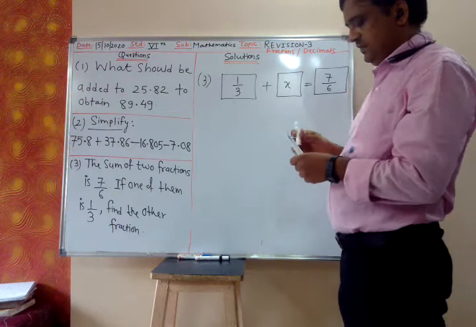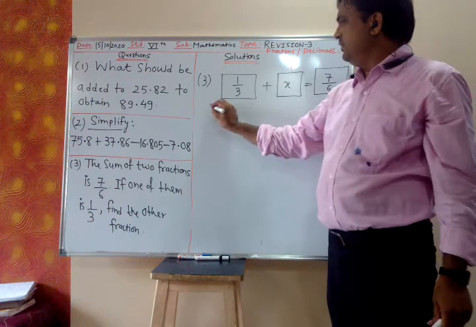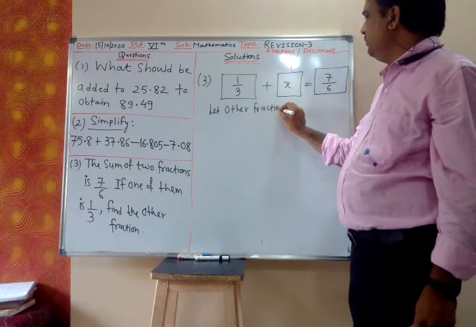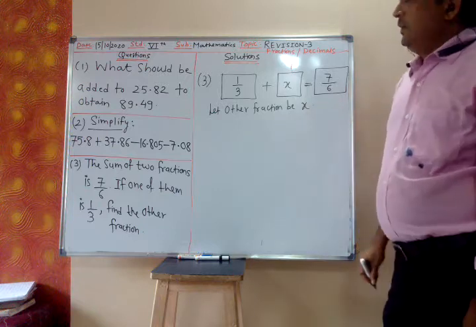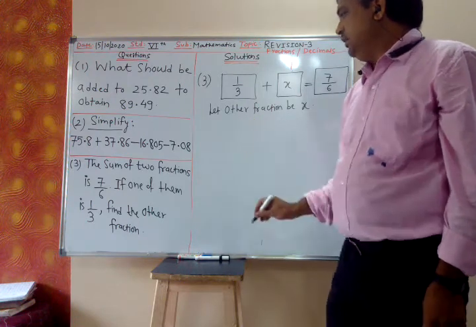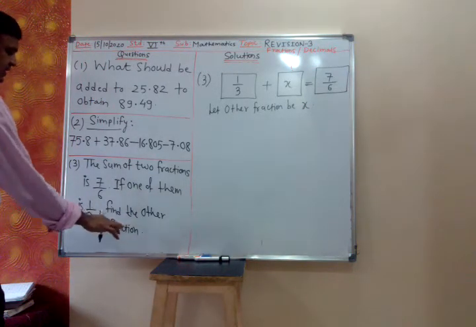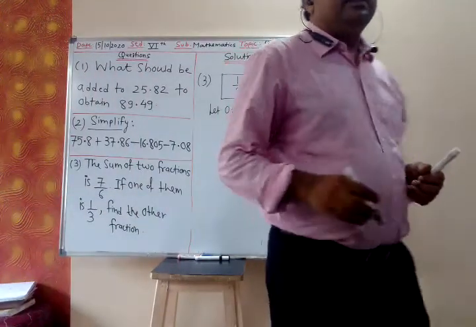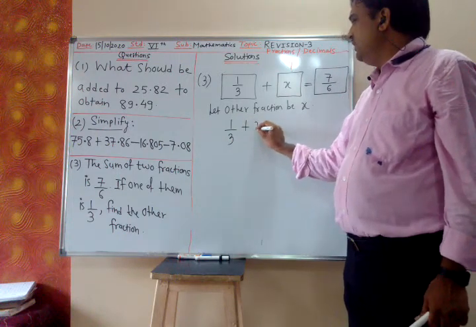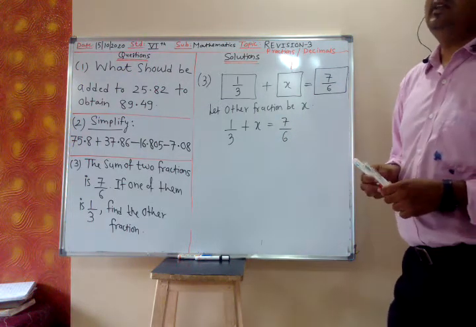Let the other fraction be x. Then 1 by 3 plus x is 7 by 6.